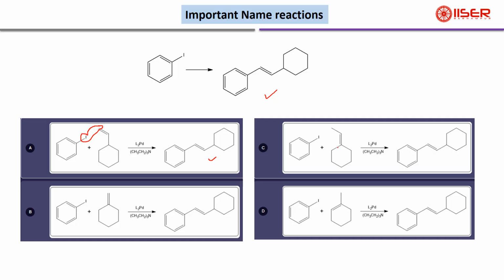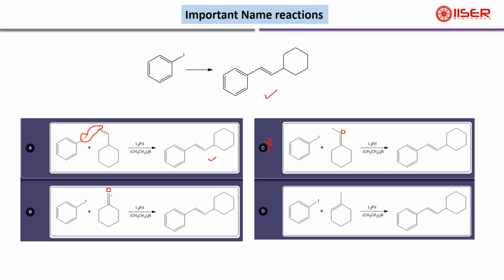Next, they gave this internal alkene, and same palladium. This is not possible because this is an internal alkene. If it undergoes oxidative addition, it should combine through this side. So this is not what we expected. So this is cut. Next is this one. If it combined with this alkene, it would combine from this plane.